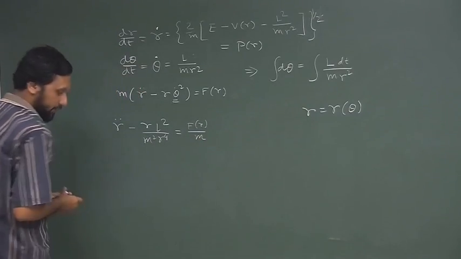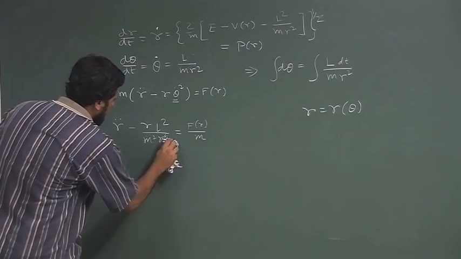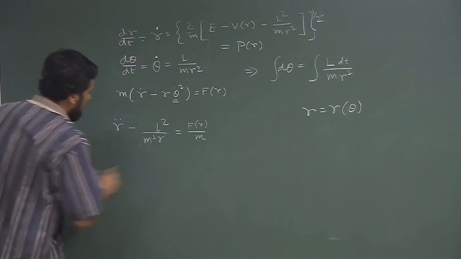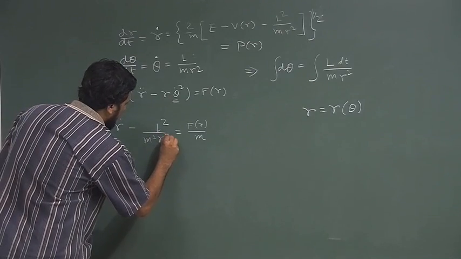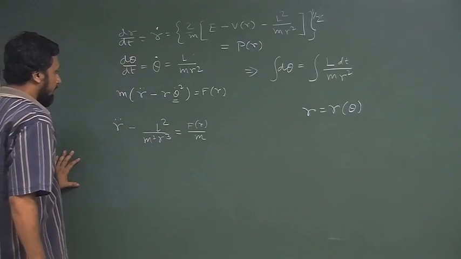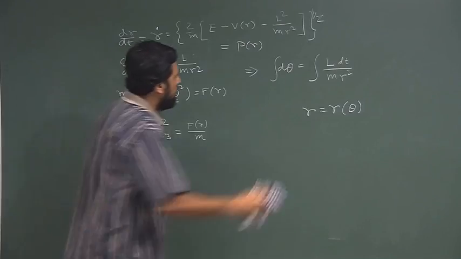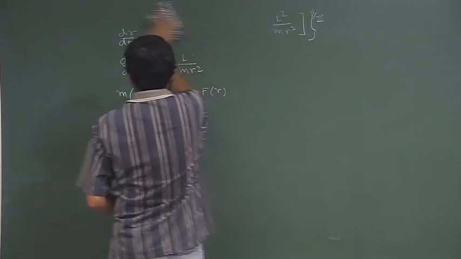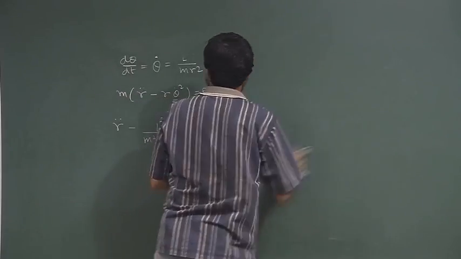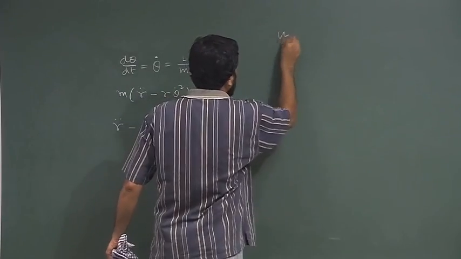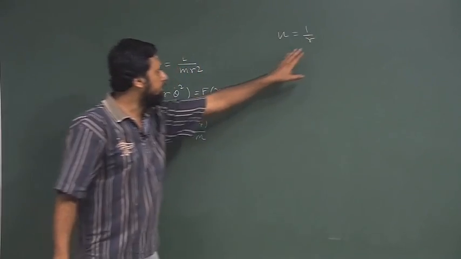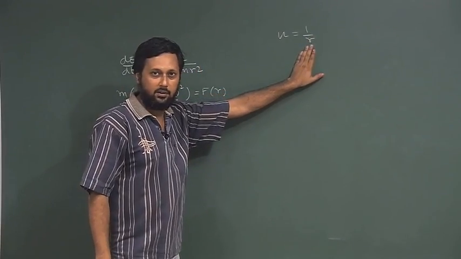Simplifying a bit, it will be simply r cubed here. Now, we introduce a new parameter which we call u as 1 by r. So, it is just the inverse of the radial part.